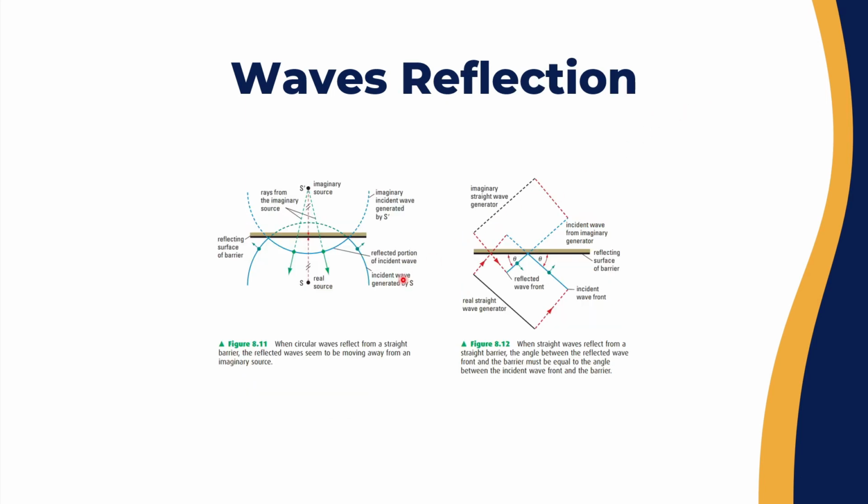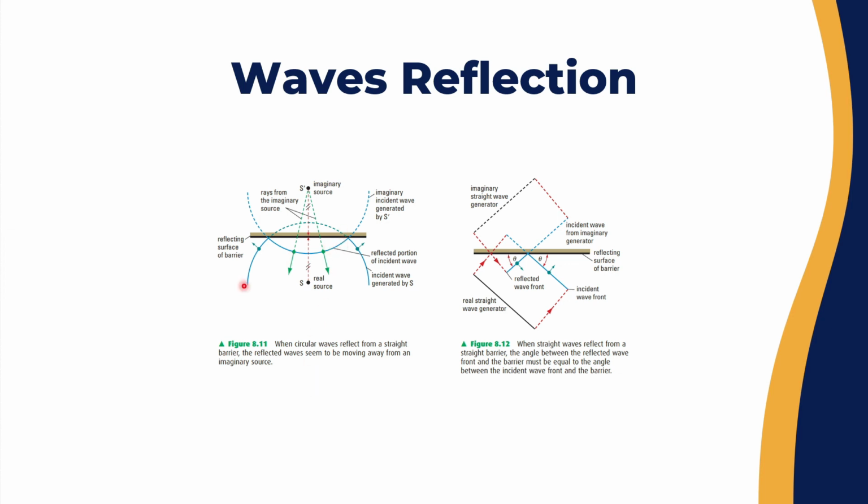Another thing to mention: when your wave is hitting a hard object or a certain surface or a barrier, the wave will go back in a certain way as if there is an imaginary source. So it's like there's an imaginary circle hitting that wave. You can see the wave will have this shape in a solid line over here. It seems like there is an imaginary ball that's hitting the wave and pulling it backwards.